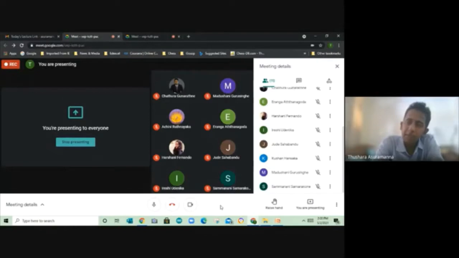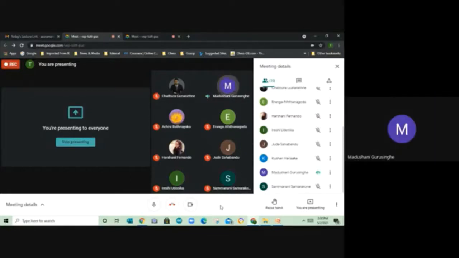Any thoughts? Madhushani? Sammani? Manager's ability to grant the loan by maximizing the profit, I think.